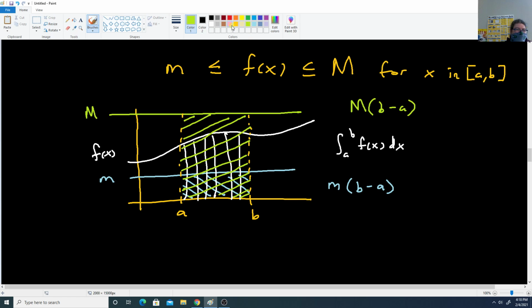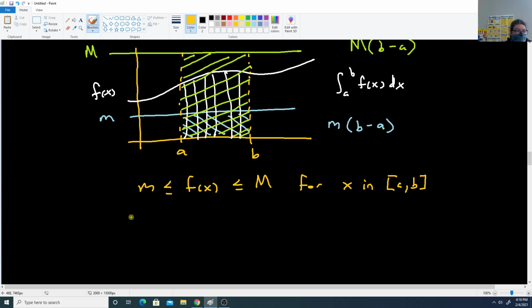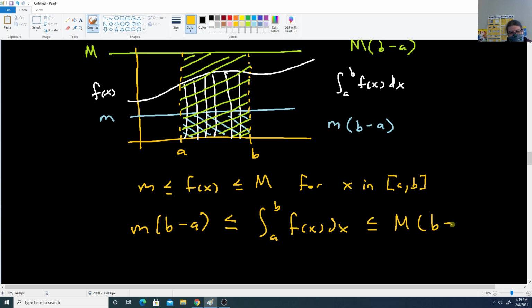So based on what we have there, we can generate this inequality: if m is less than or equal to f of x is less than or equal to capital M for x in a up to b, then the area under the curve of m, which is m times b minus a, is less than or equal to the signed area under the curve of f of x dx, which is less than or equal to the signed area mapped out by capital M.